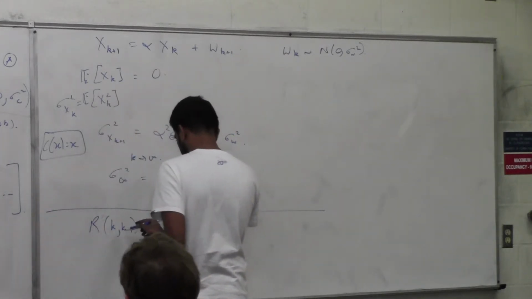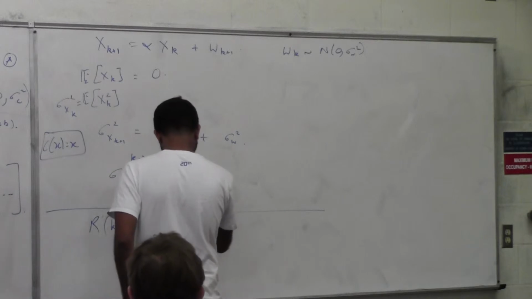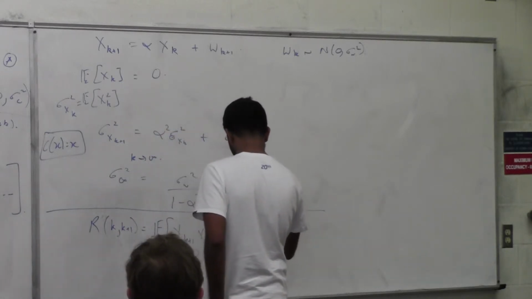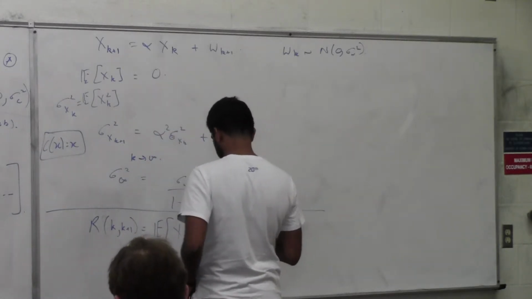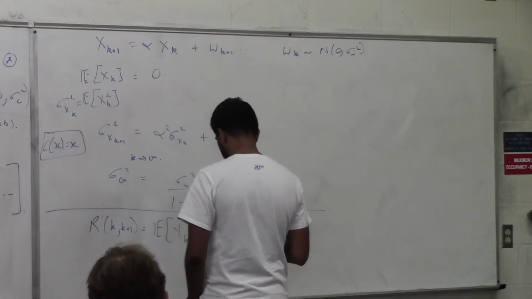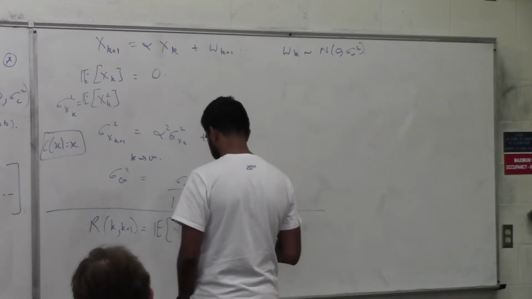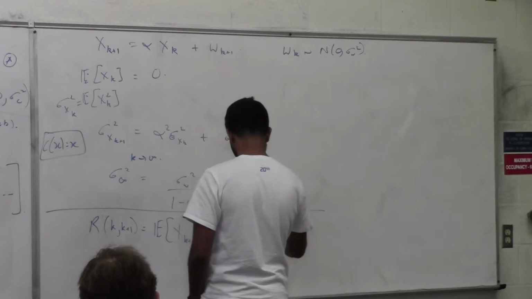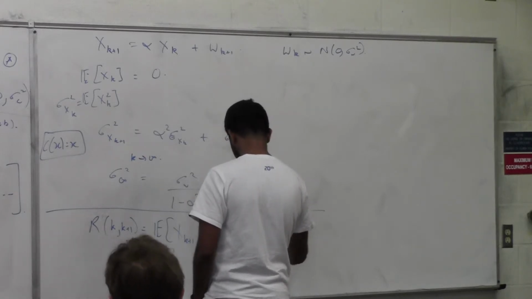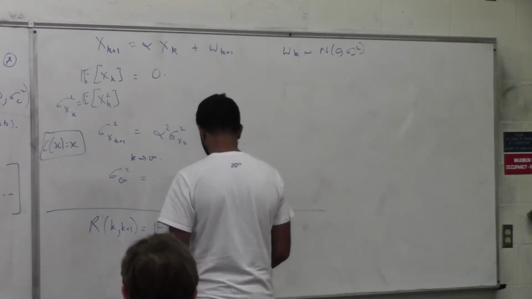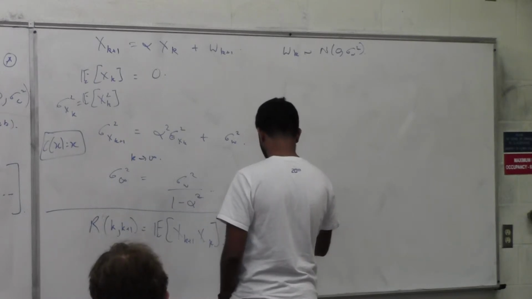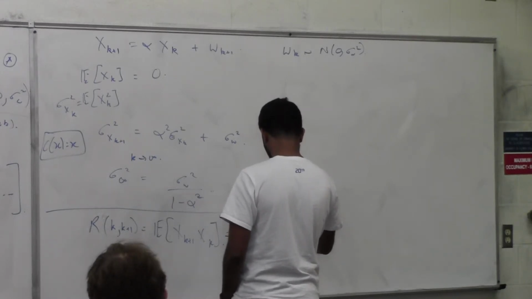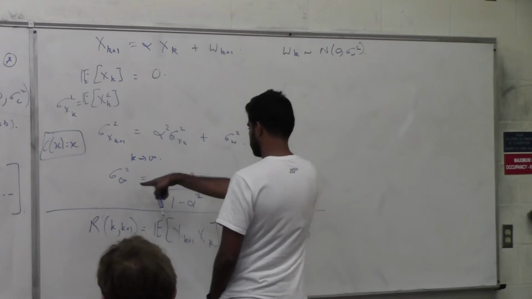It's r of k comma k plus 1, the expected value of x k plus 1 x k, and I think you can show it to be alpha times sigma infinity square.